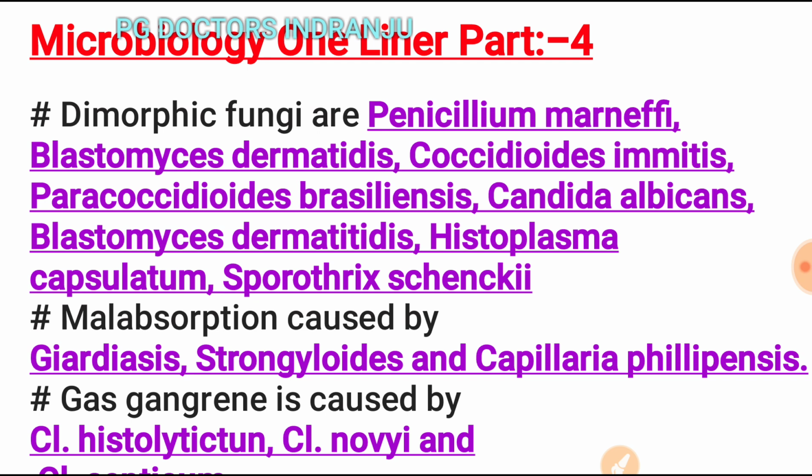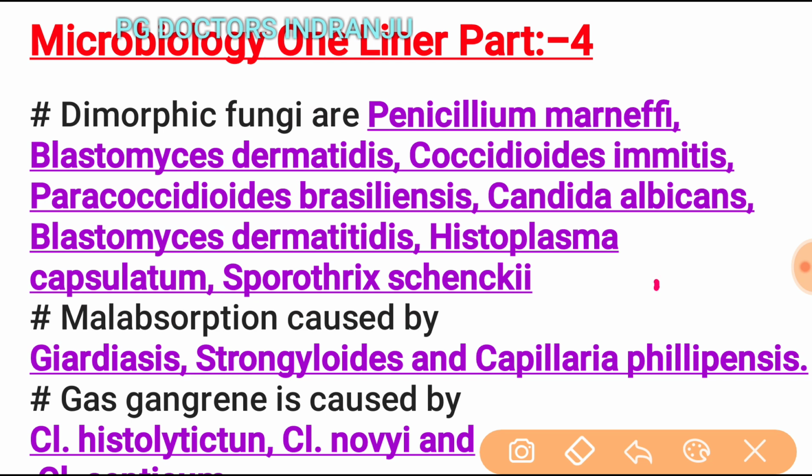The dimorphic fungi. First of all, what is a dimorphic fungus? A dimorphic fungus exists in two forms: first, the mold form, and another, the yeast form.